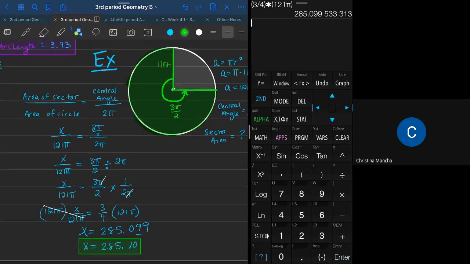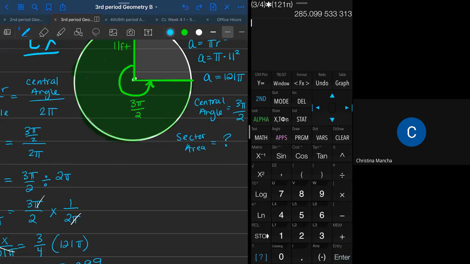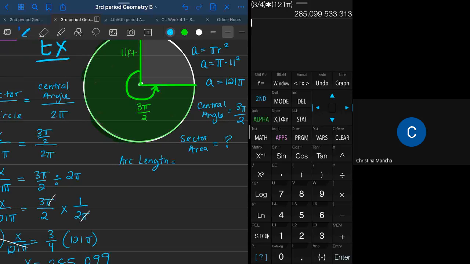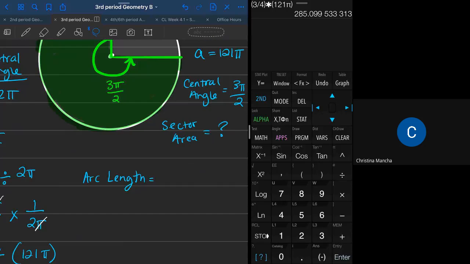And then to find the arc length, we're going to say arc length equals, so remember arc length equals 2 times pi times radius times the angle, which is 3 pi over 2.